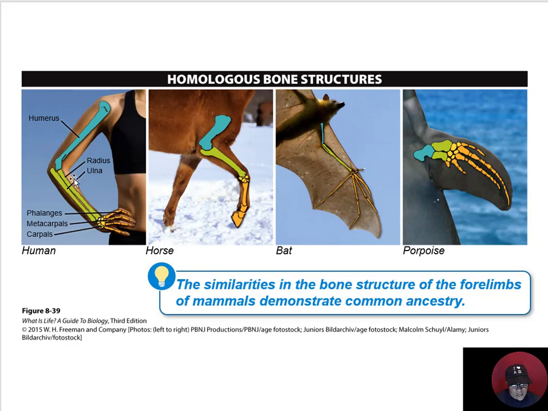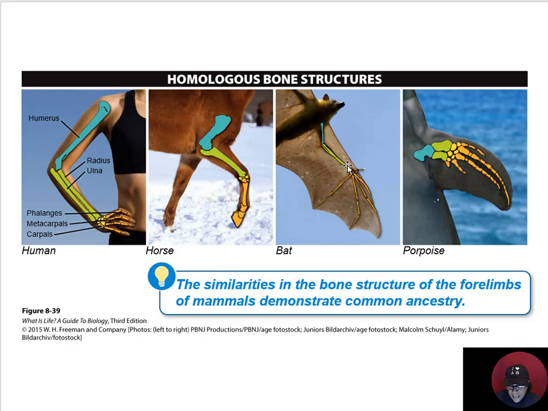Then we've got our radius and our ulna, which is the forearm. Then we've got the phalanges here, which are your fingers. And then we've got the metacarpals and the carpals. Well, we've got the same bones in a horse. They have a humerus, a radius and an ulna, and phalanges. They happen to walk on their phalanges, that is the hoof, right?